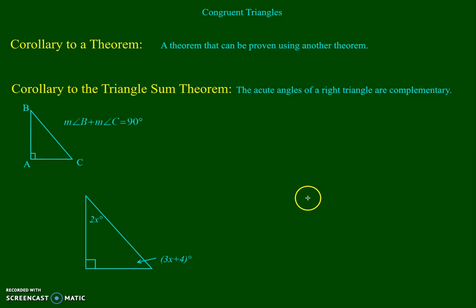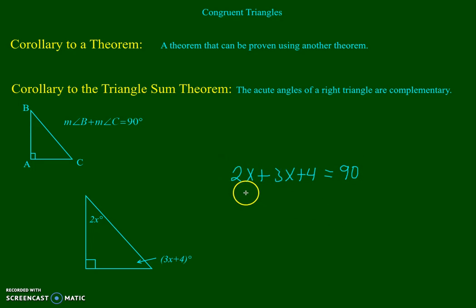To look at an example of the corollary, it's basically a streamlining process. You don't really need it, but it's handy because it saves you an operation. So in this right triangle, we can see that this angle is 2x and this is 3x plus 4. So we know that these two angles are complementary, which means that 2x plus 3x plus 4 equals 90 degrees.